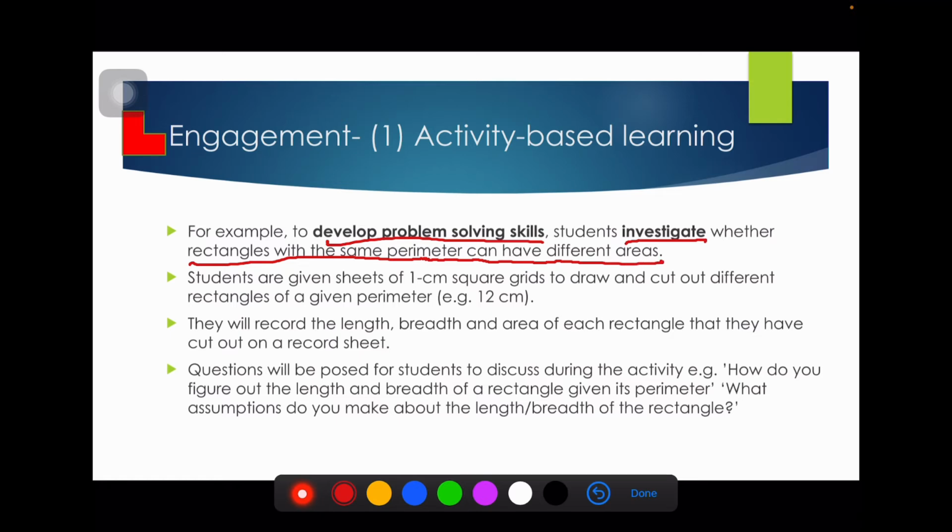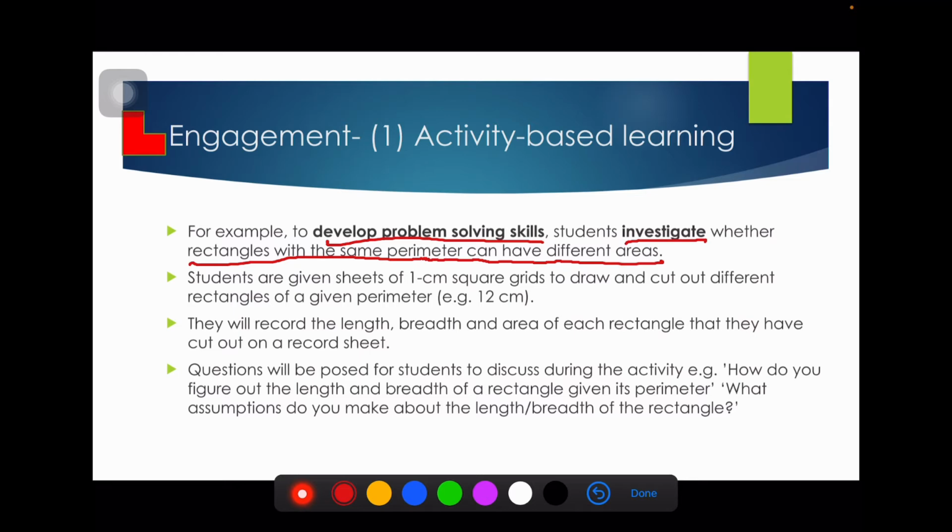They will develop problem-solving skills when you give them a problem that they need to investigate. Meaning you don't give the length, the width, and the height, but they need to find it out themselves. And this is activity-based learning.